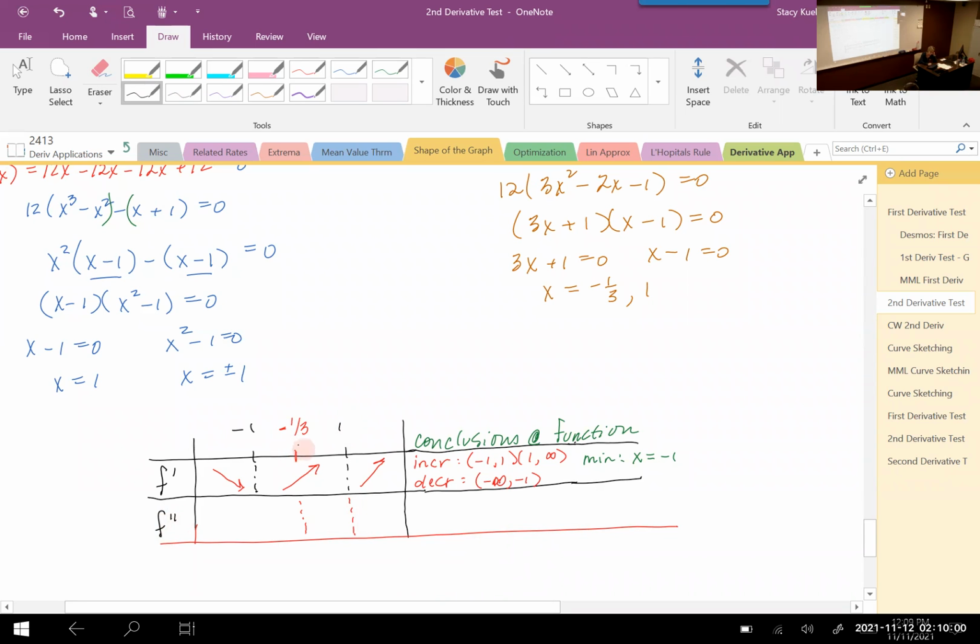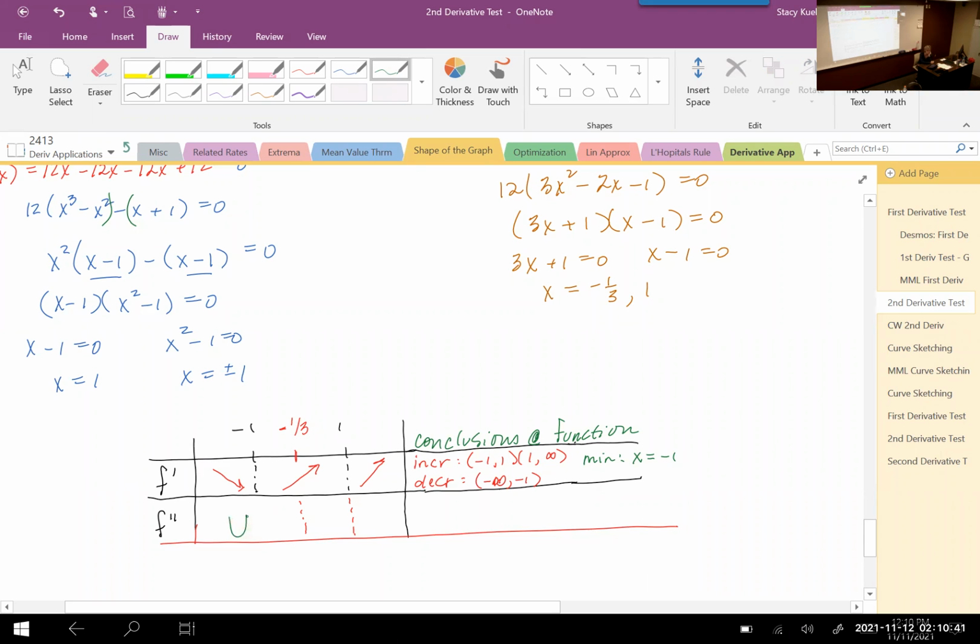What's happening to the second derivative to the left of -1/3? Negative. Okay, so we would be concave down. How about in between -1/3 and +1? Is it negative? I think it's positive. It's positive. Did I say left or right? I don't know.